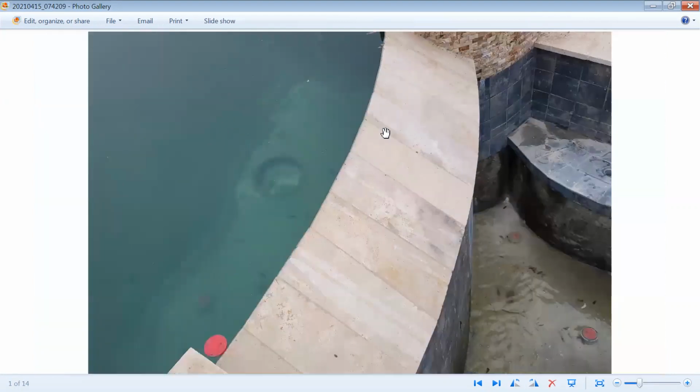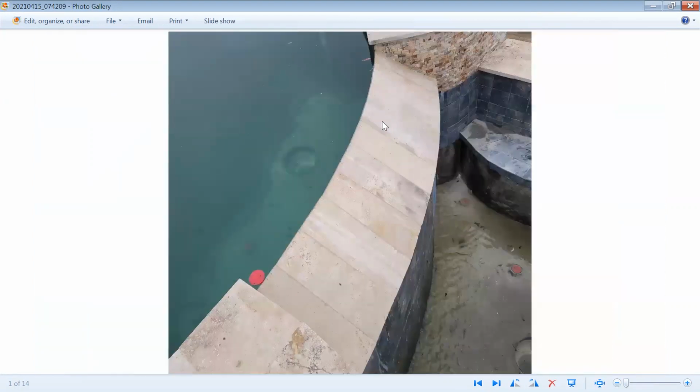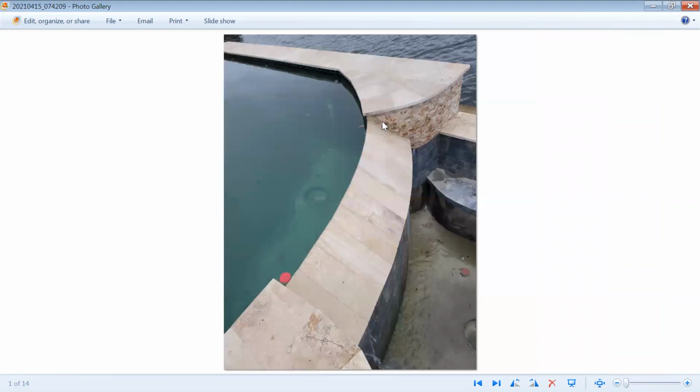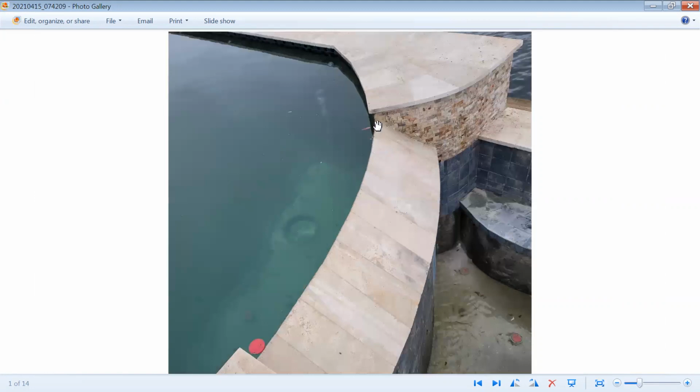So if there is shifting, this pool particularly sat on 21 helical piles. But if there is ever any shifting whatsoever, then this material can be ground and the level can be reestablished. This is half-inch tiles.